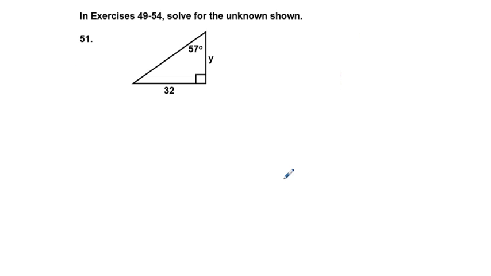Next odd number problem is 51, and we're given this triangle, and we have 57 degrees up here in the upper right corner, and to go to the opposite side, we find 32 degrees. So 32 is our opposite side in this triangle, and this y is adjacent to that angle. So y is our adjacent side. We look for the ratio that has to do with adjacent and opposite, and that would be tangent.